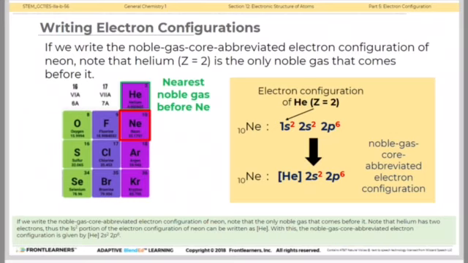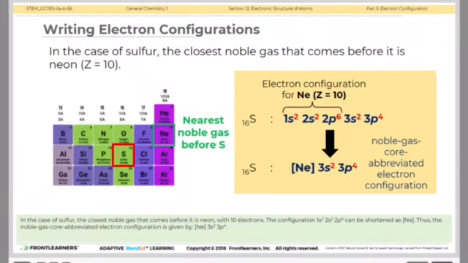Note that helium is the only noble gas that comes before it. Helium has the electron configuration 1s2, thus the 1s2 portion of the electron configuration of neon can be written as [He]. With this, the noble gas abbreviated electron configuration is given by [He] 2s2 2p6.